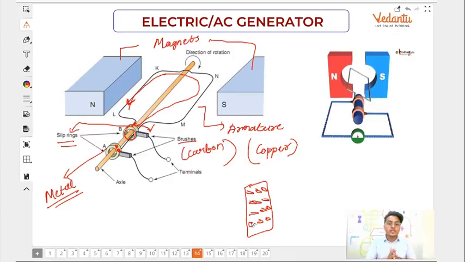Now you must be also thinking, sir, why do they look like brushes? Why can't they just take a rectangular piece? What is the requirement of the brush there? Correct. It's because, guys, when we have a rectangular piece, the amount of electric energy being lost is more.